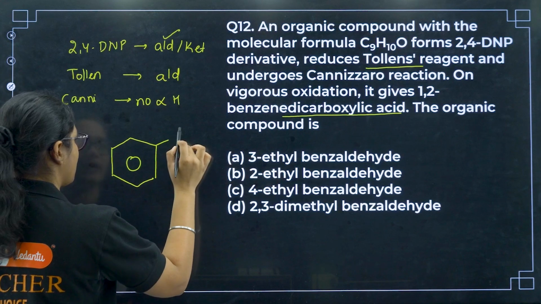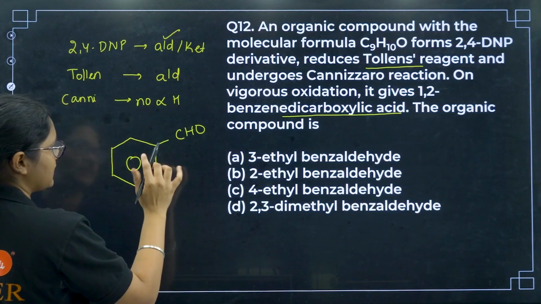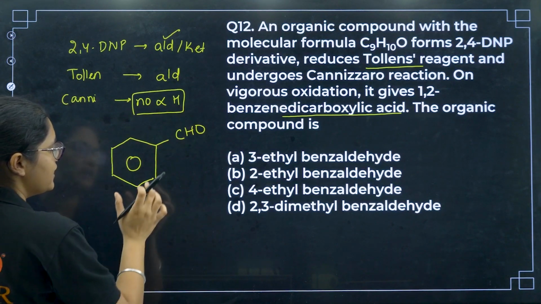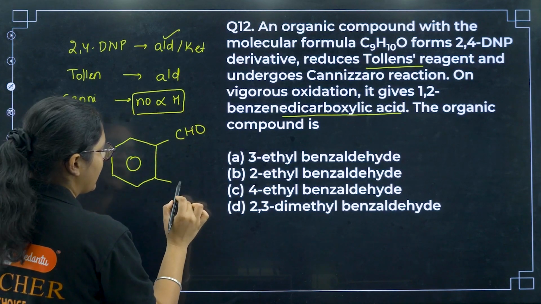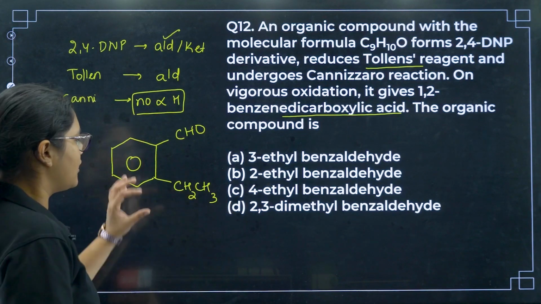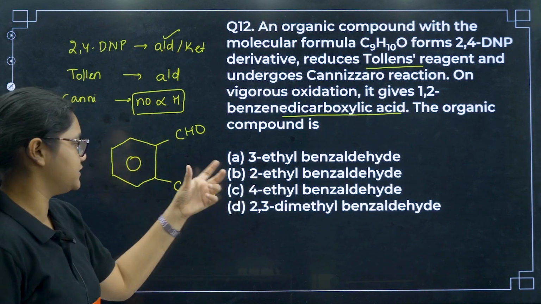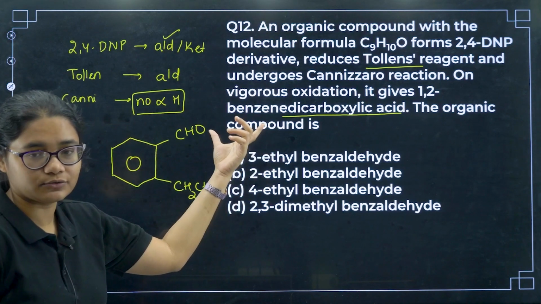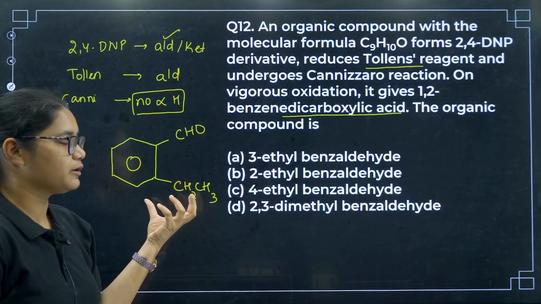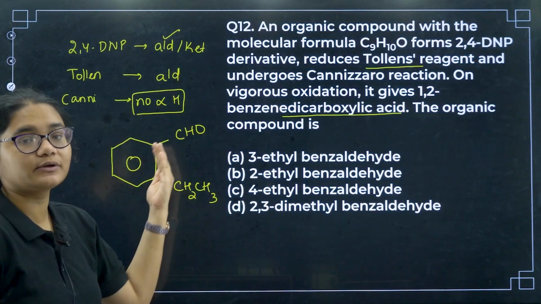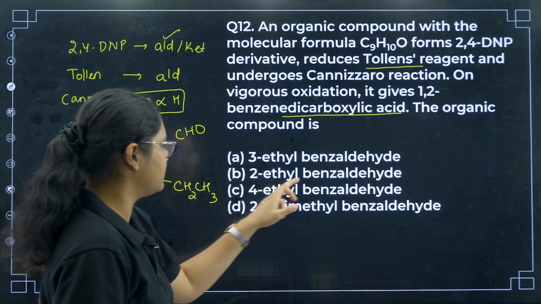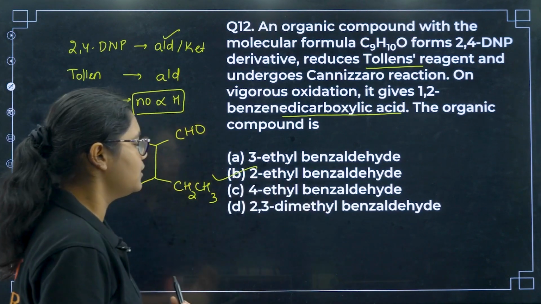You have CHO, this must be there because we have Cannizzaro reaction, so no alpha hydrogen should be there. So I got 6, 7, and if I make it like this, 8, 9. Now if you do vigorous oxidation, aldehydes will get oxidized to acid. Even the hydrocarbon part will also get oxidized to carboxylic acid. So I can have 2-ethylbenzaldehyde, that is option number B here.